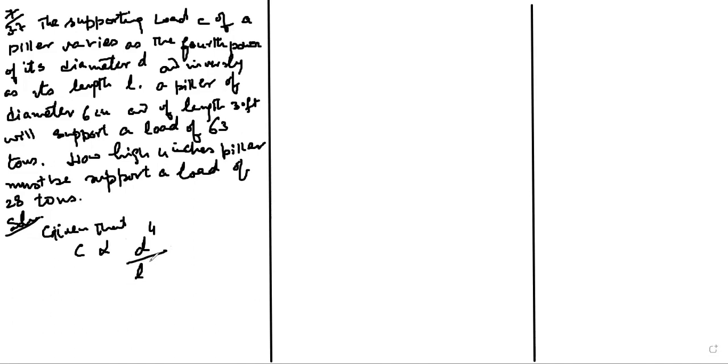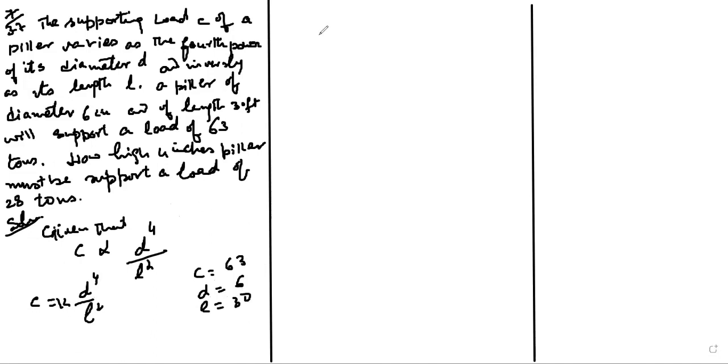So C equals K times D to the power 4 divided by L square, and we have the values C equals 63, D equals 6, and L equals 30.